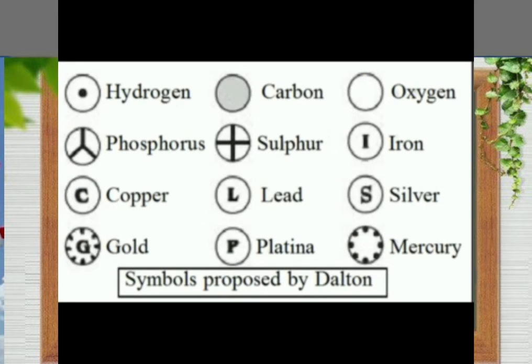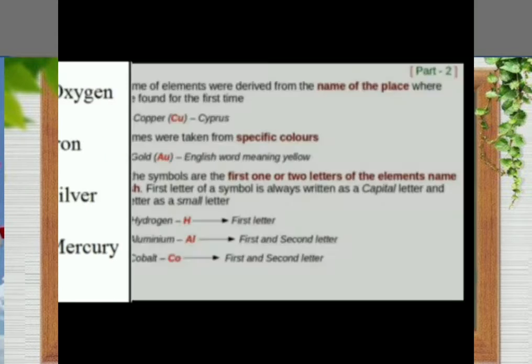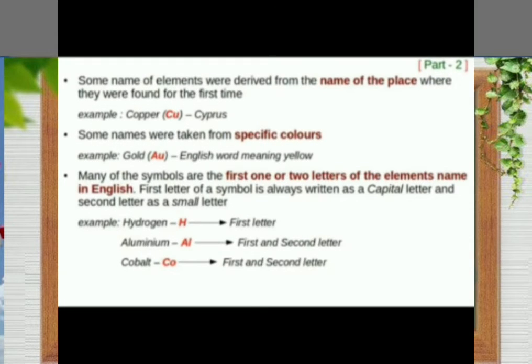Dalton used symbols but Berzelius used letters. This is an example of Dalton's symbols, but these are not used now. We are using symbols with letters. Let's look at some examples.